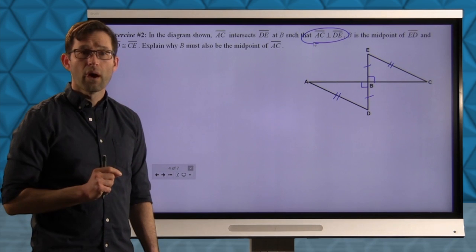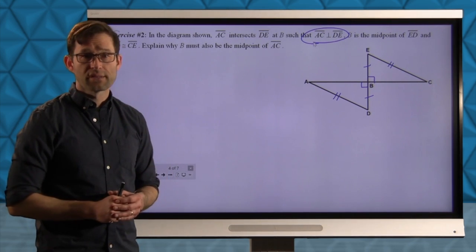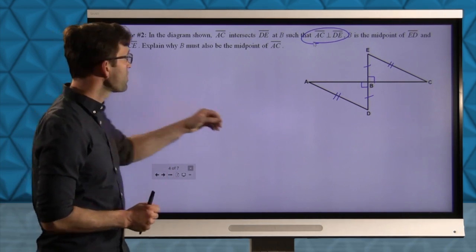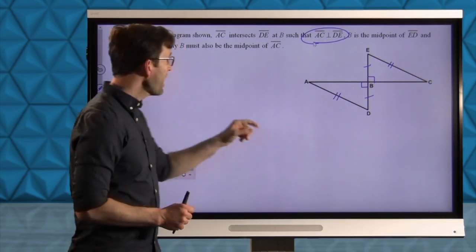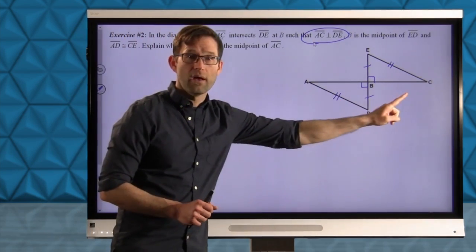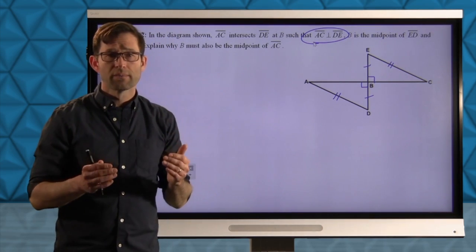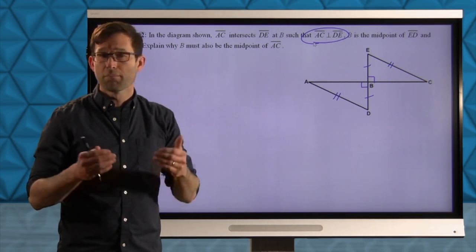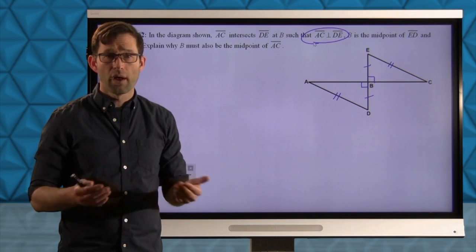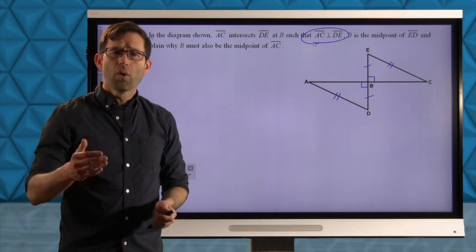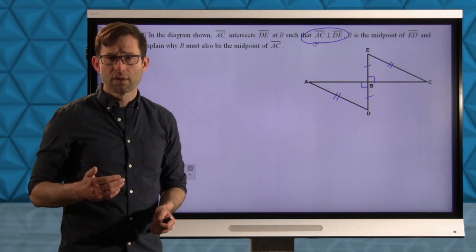Now let's make sure that we understand what the problem is asking us. It asks us to explain why B has to also be the midpoint of line segment AC. Now, a lot of times in explaining something, both in geometry and in algebra and other types of mathematics, you always kind of want to walk backwards in your thinking.